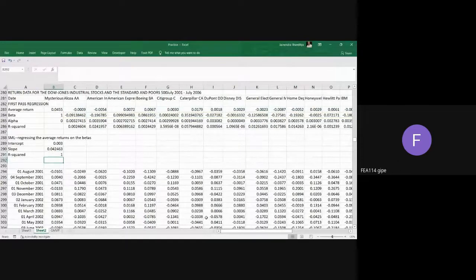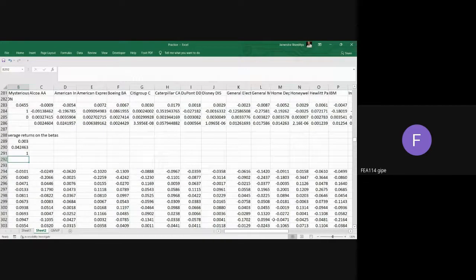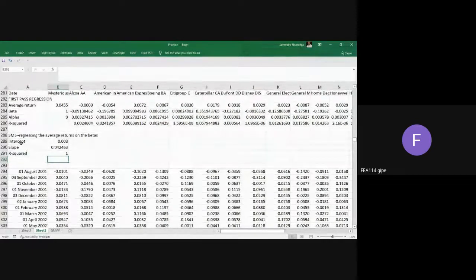Can you see the difference? Can you see something surprisingly different? The answer that we got, the R squared is 100%.